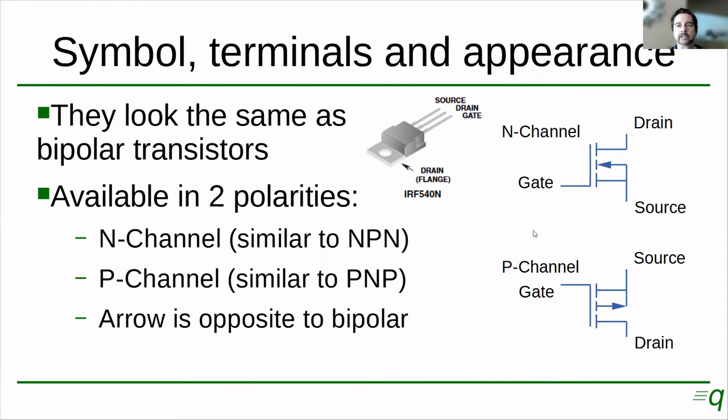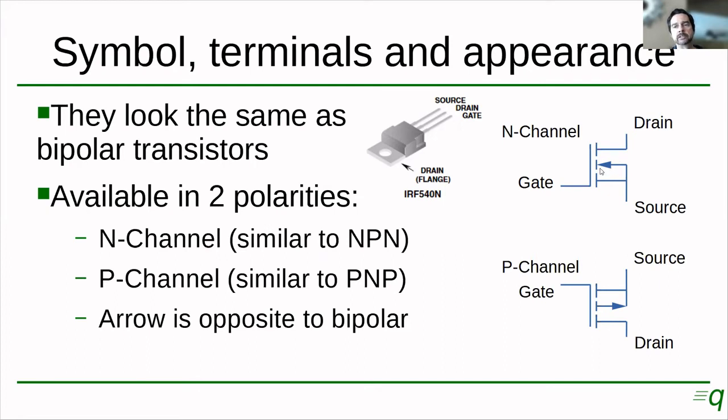Now, the terminals on a MOSFET are not called emitter, base, and collector, but are called drain, source, and gate, okay? The gate is the one which is by itself, which is the one that's going to be controlling the current through the drain and the source. We're going to see that in the next slide. And the source, you'll see, is the one that has these two terminals connected here.